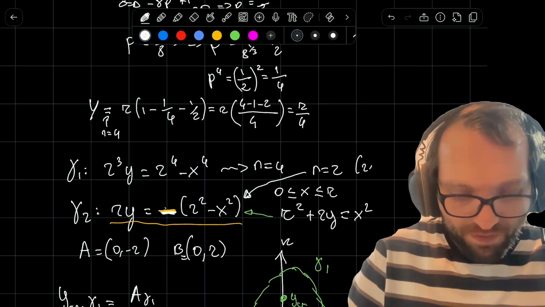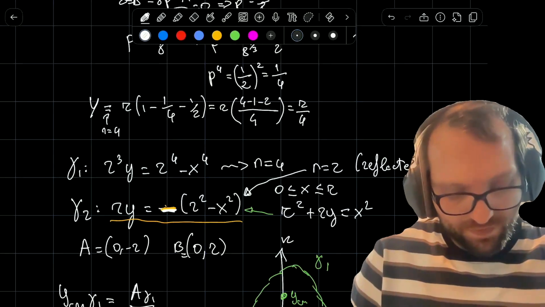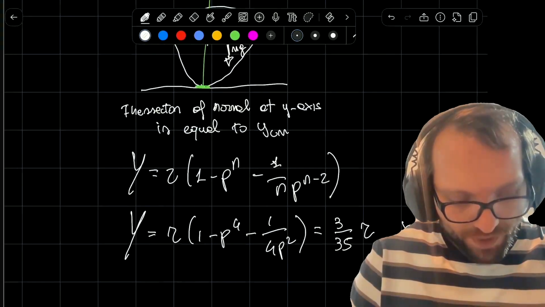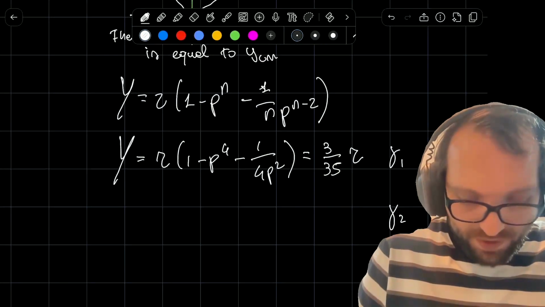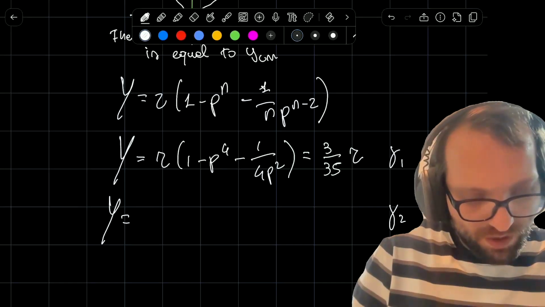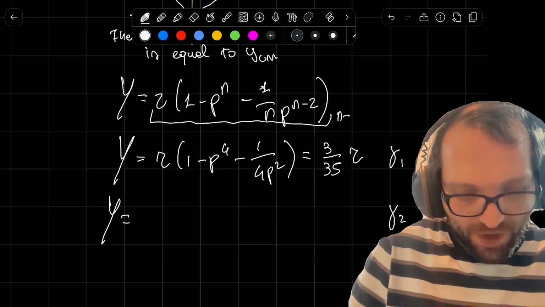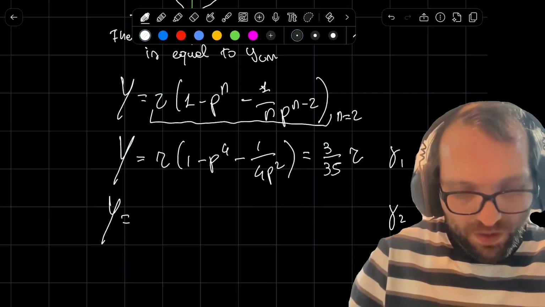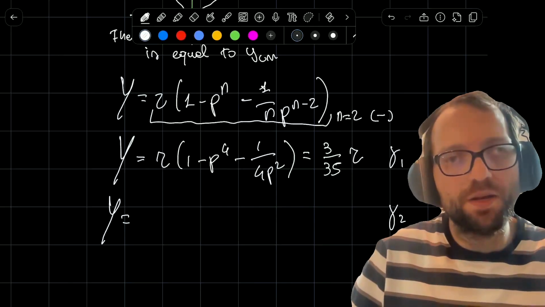So it's like a reflected n equal 2, which means that the big Y for gamma 2 is this expression for n equal 2, after the inversion of sign.